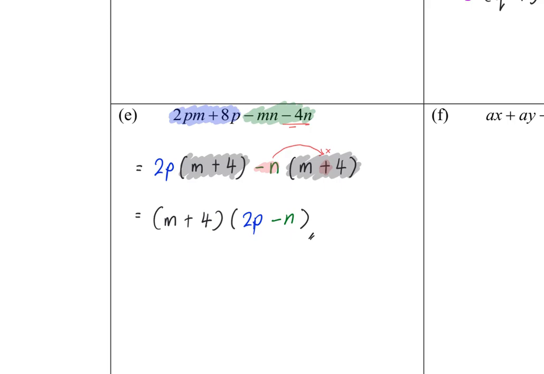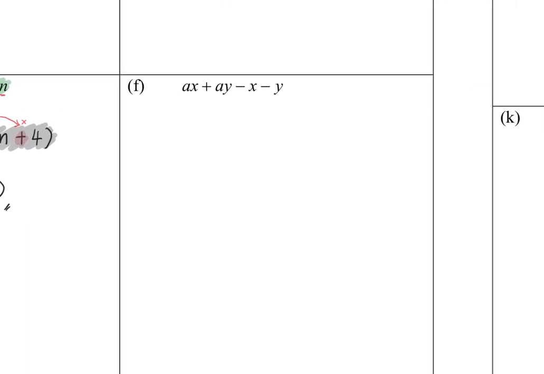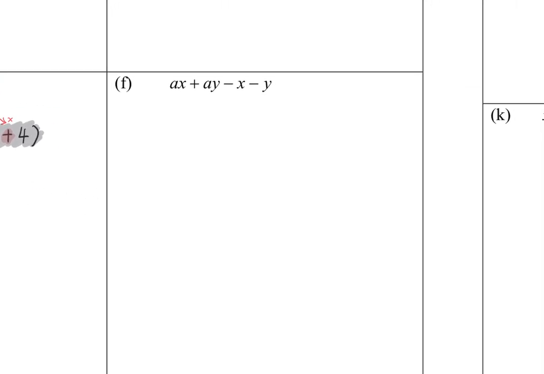Let's move on to part F. Alright, this is straightforward as well with a catch. Because I saw that a is the common factor, I'm left with x plus y. Then I look at negative x and negative y. On the first look, that does not seem to have a common factor.